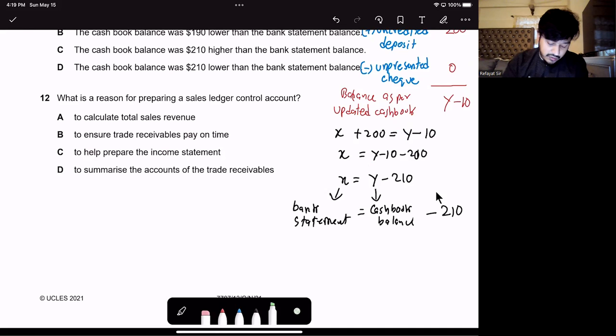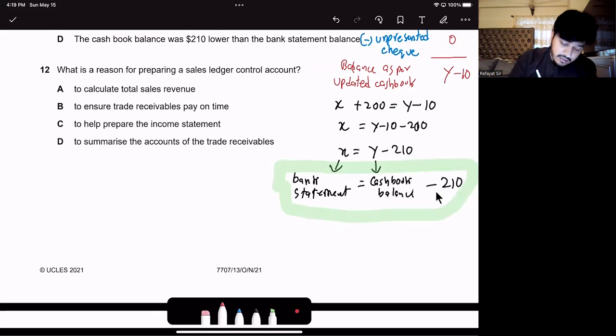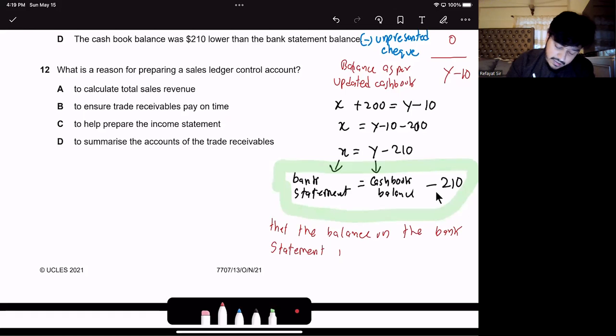So from this equation, we can interpret that the balance on the bank statement is less than that of the cash book.